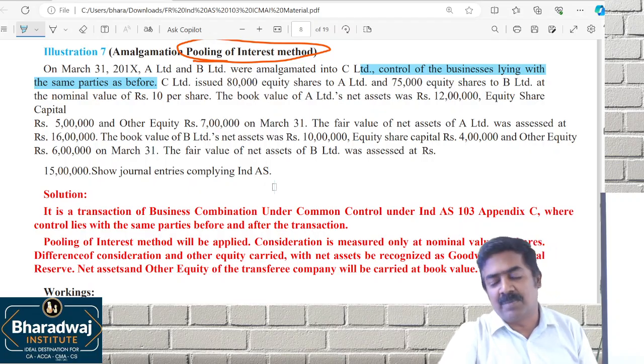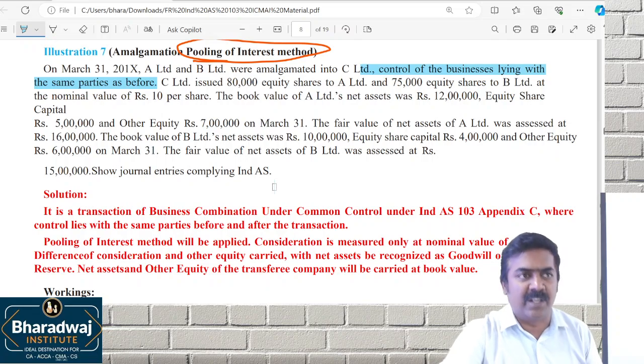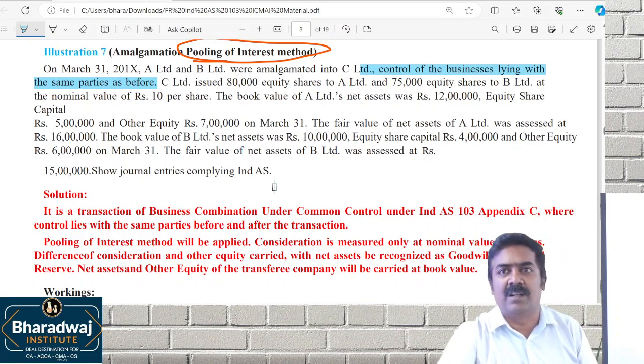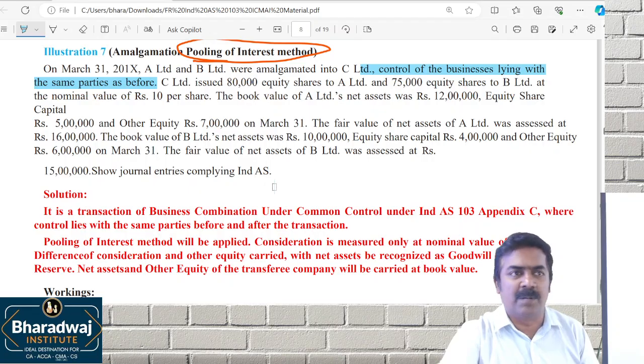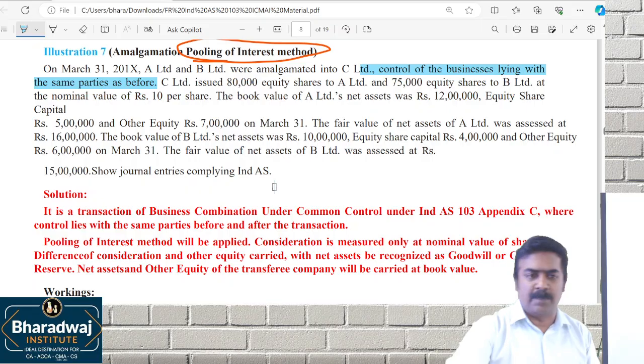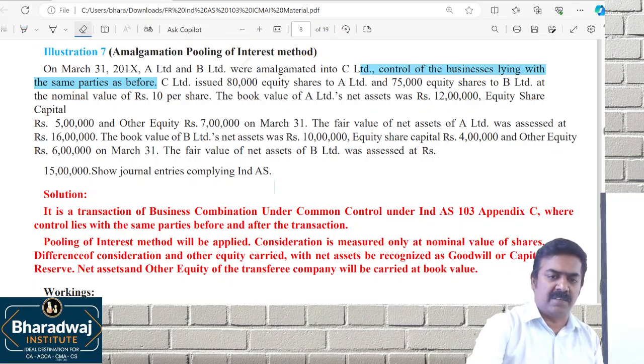Next, consideration in shares will be measured at nominal value, face value only. Ignore premium. Next, the balance in consideration, if any, will be transferred to goodwill account or capital reserve. Now come to illustration 7. Read this illustration 7.